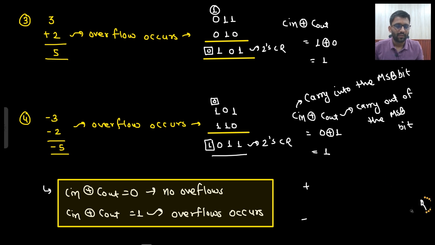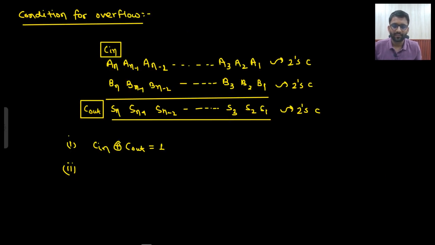So what I can write here: if an is 0 and bn is 0 and sn is 1. An is 0, so I am writing in SOP form. If it is 0, I will show it as an bar. If it is 0, I will show it as bn bar.